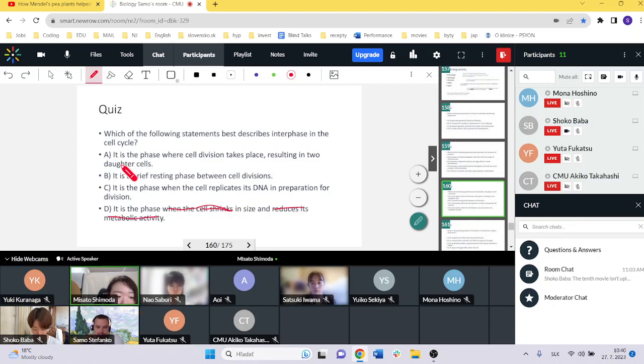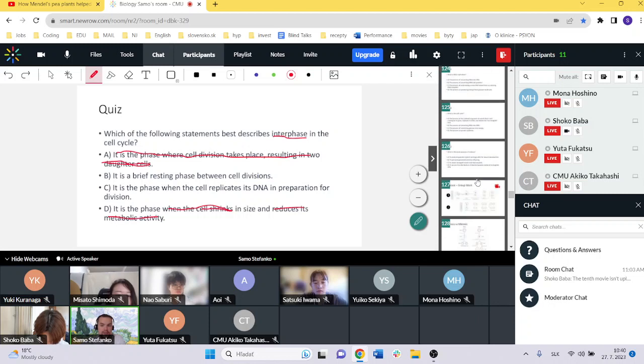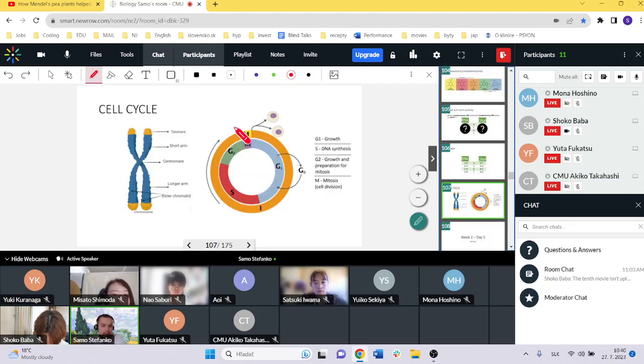I think A is not correct because the statement describes the M phase. Perfect. Exactly. So this is definitely not interphase, because the phase when cell division takes place is M phase.